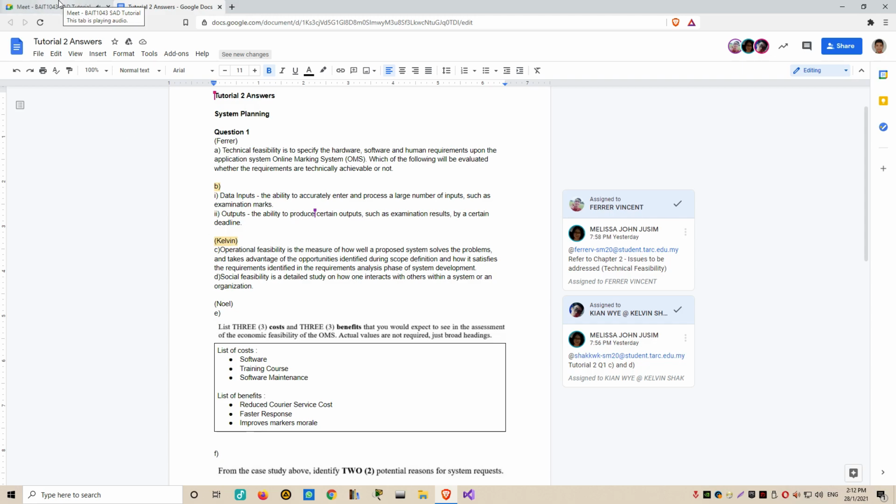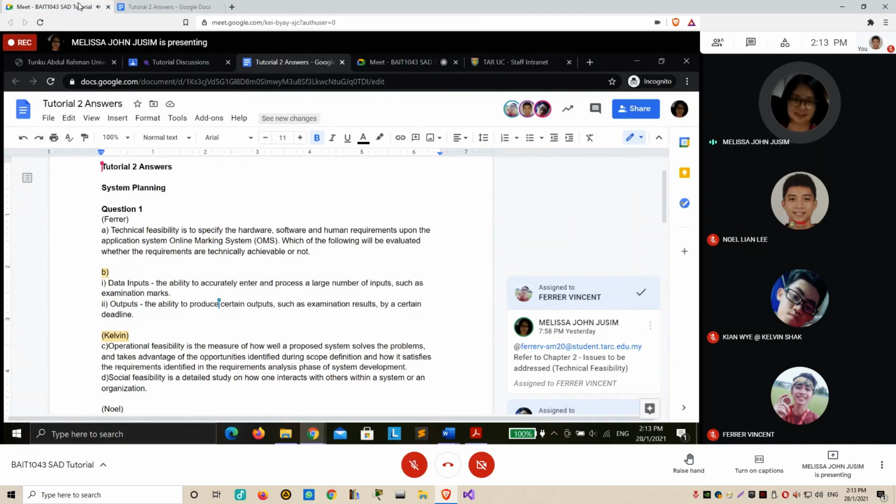But for the proposed system, as long as the booklets have been scanned, the markers will be doing the mark entry online. So, yes, correct. Your answer for data inputs and also the outputs are relevant. Okay, coincidentally, it's directly from the notes.